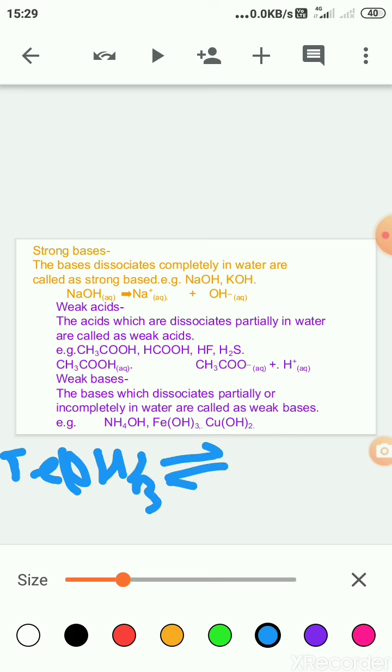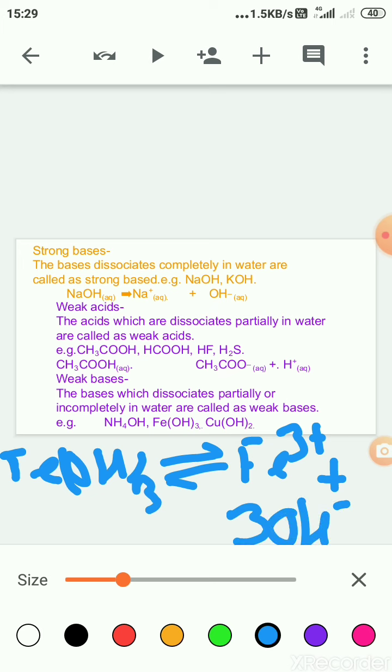On dissociation it produces Fe3 plus and 3 OH minus ions in aqueous solution. Don't forget to write the aqueous, aq, in square brackets at the subscript of every ion as well as compound whenever we write the equilibrium reaction or ionic equilibrium.